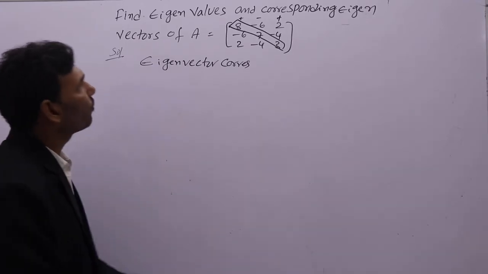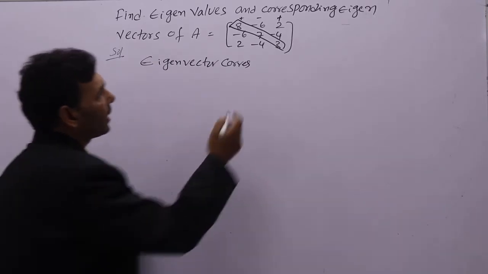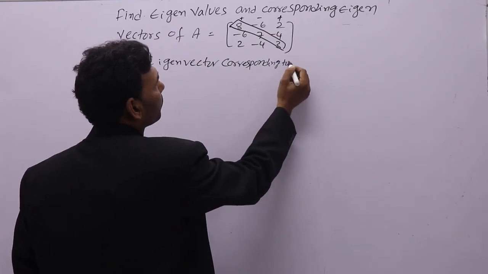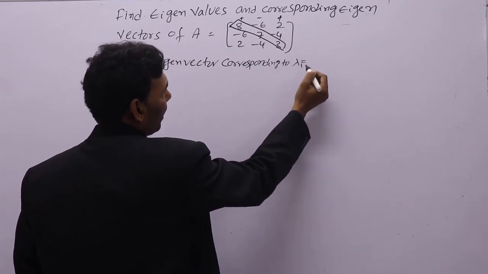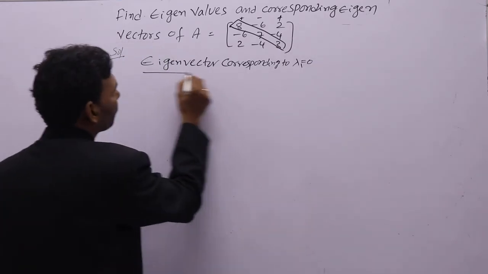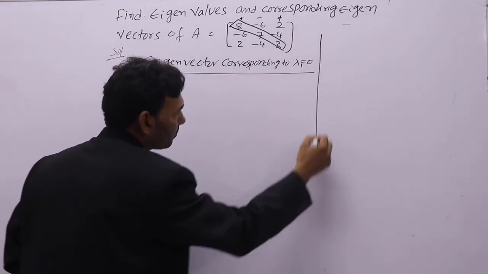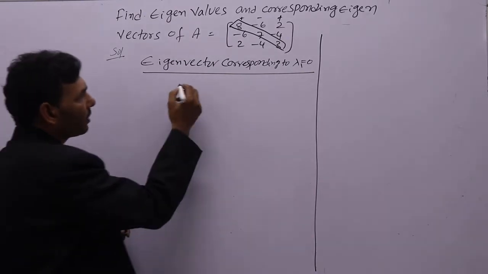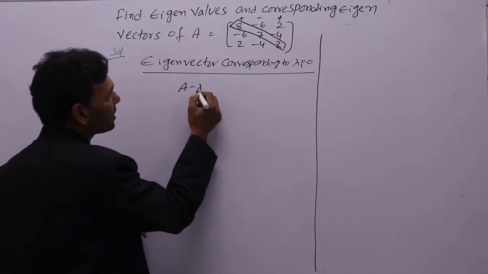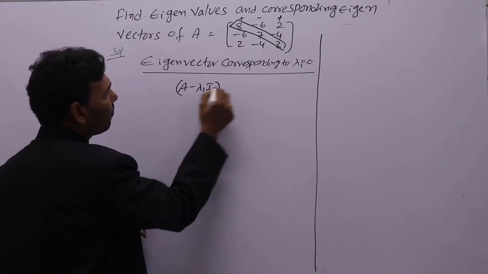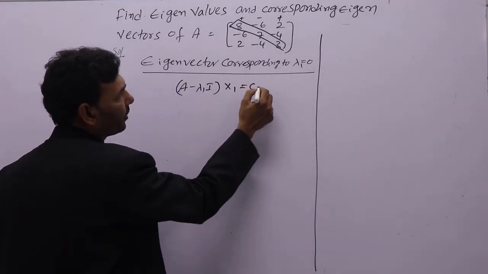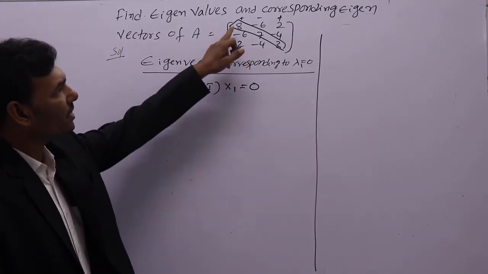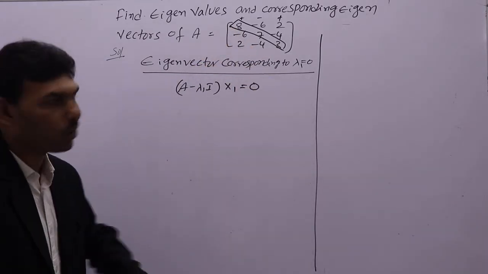So now I am going to find eigenvectors. Eigenvector corresponding to lambda 1 equal to 0, first one. For that we need to solve one homogeneous system: A minus lambda 1 I into X1 equal to 0. In the A matrix, from the diagonal you need to subtract 0.